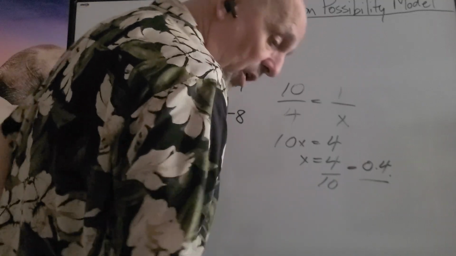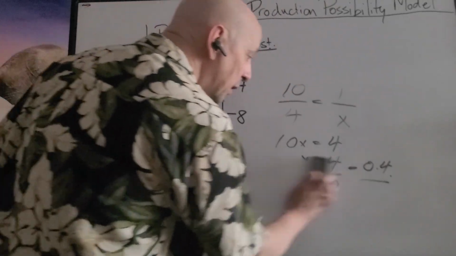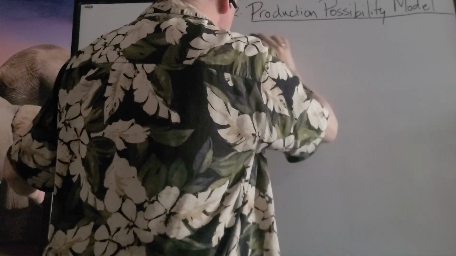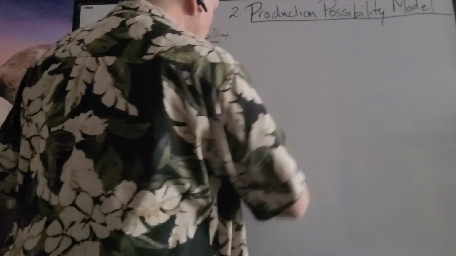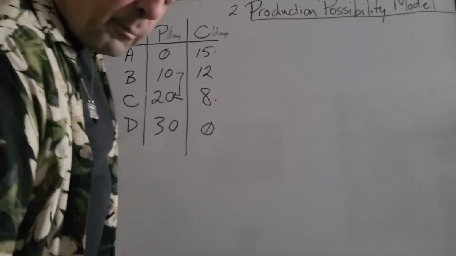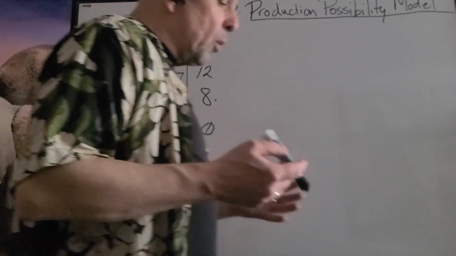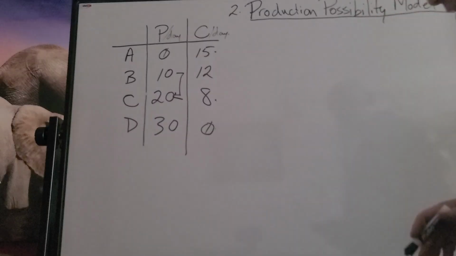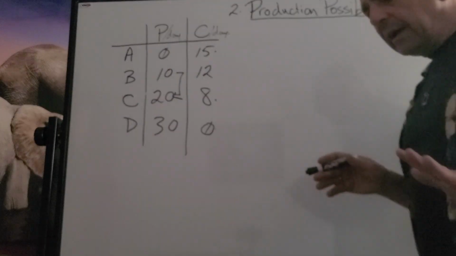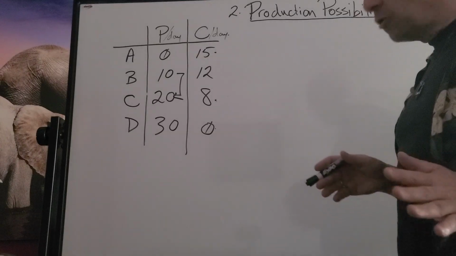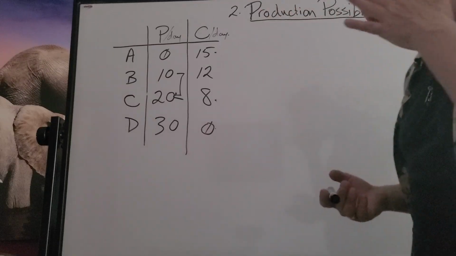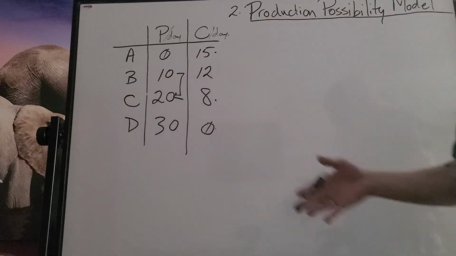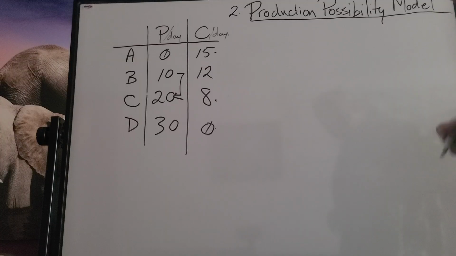So let's get this off of here. I'm going to just erase this, but I'm going to leave our data because then what we like to do in economics is very often show the relationship between two variables with an x and a y axis.